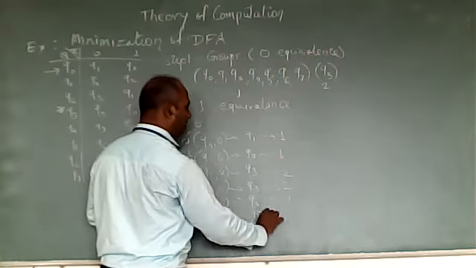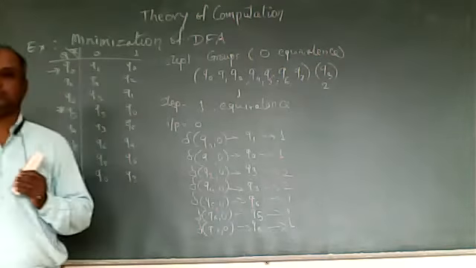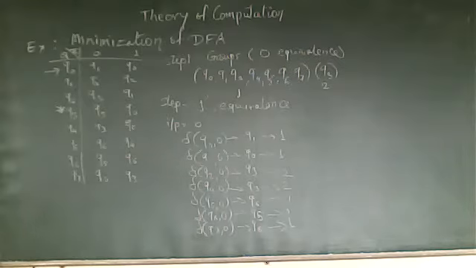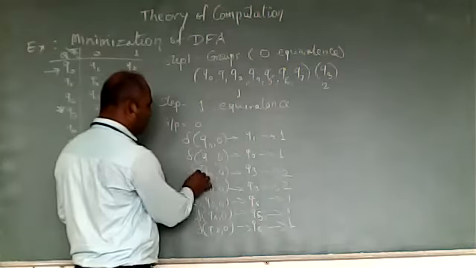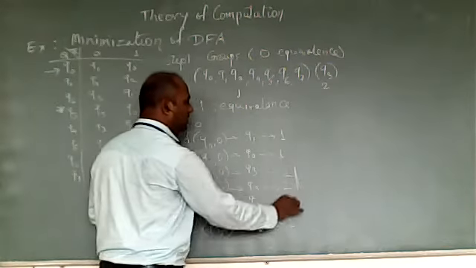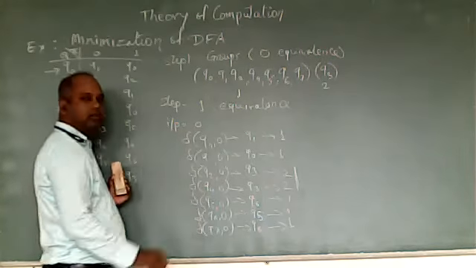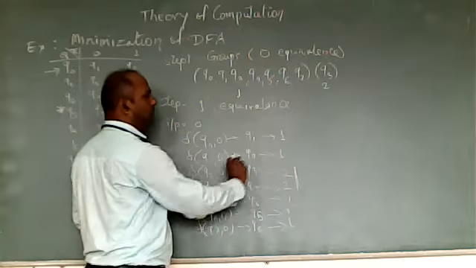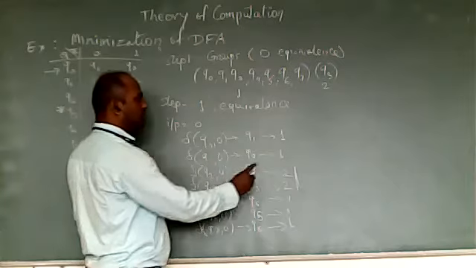Q6 belongs to block 1, Q5 block 1, Q6 block 1. By observing this, we see that two transitions are going to the second group and the others to another group. So these two states can be differentiated from the whole group, because they show a separate property. This is with the 0 input.